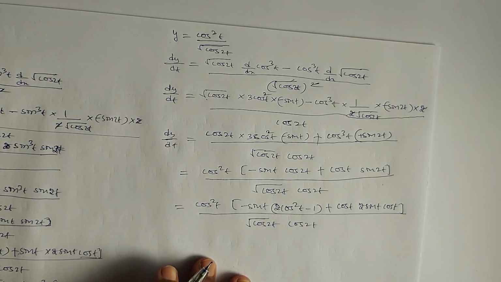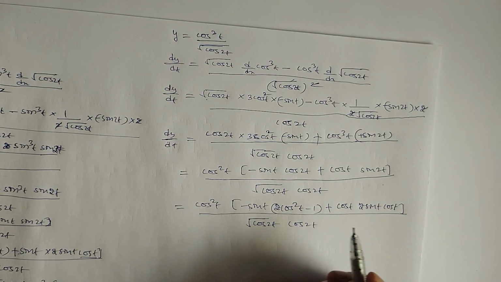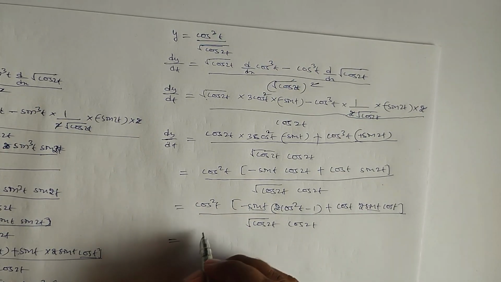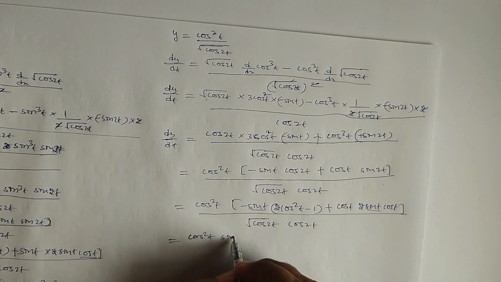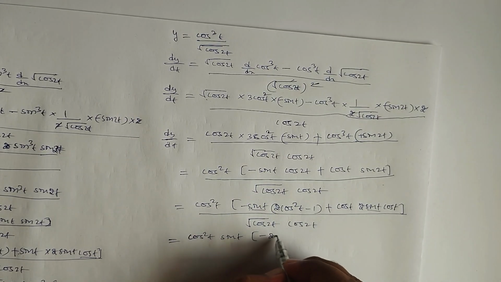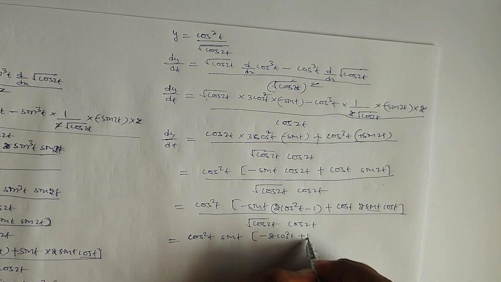Right, next take common factor again, sin t here, take outside, that becomes cos square t into sin t into, so what is the remaining? Minus inside, minus 2 cos square t, minus minus plus 1.